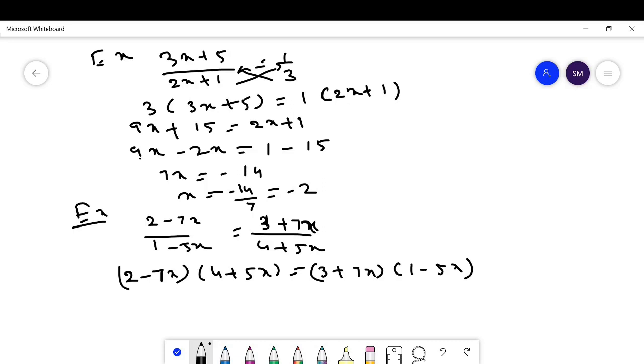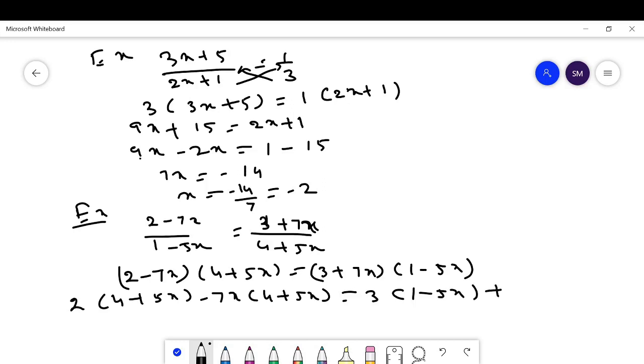Then here it is binomial with binomial. At first split it into monomial into binomial.